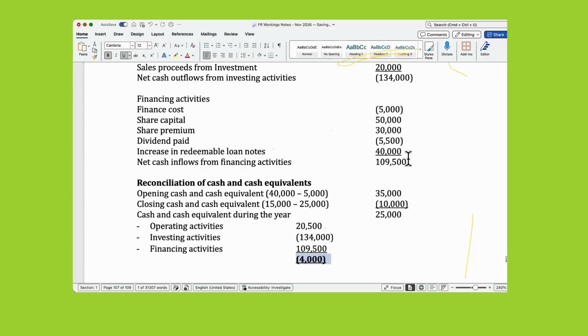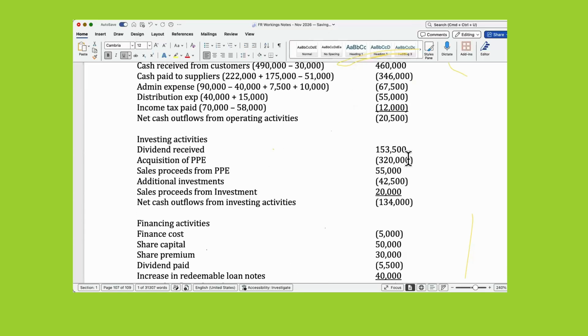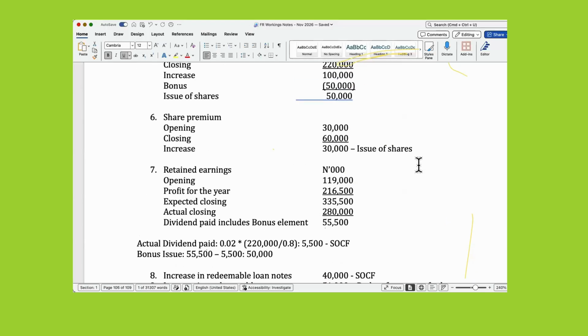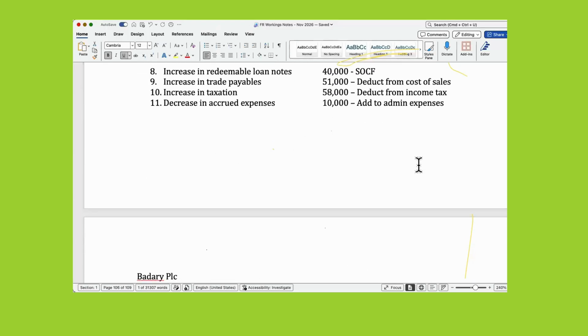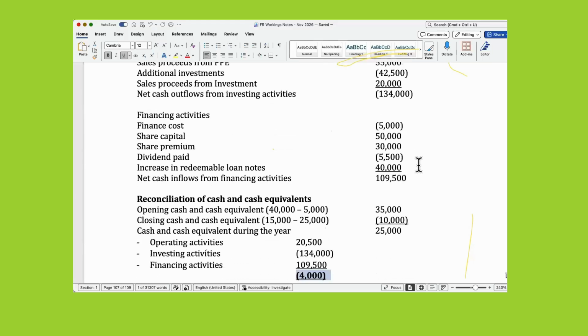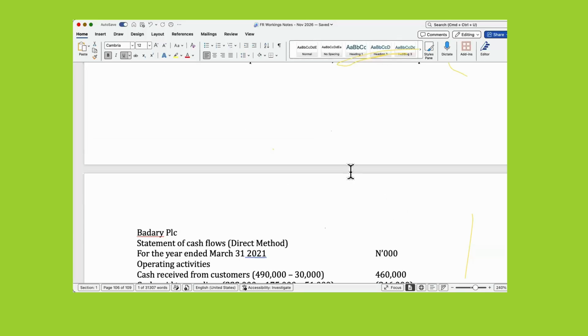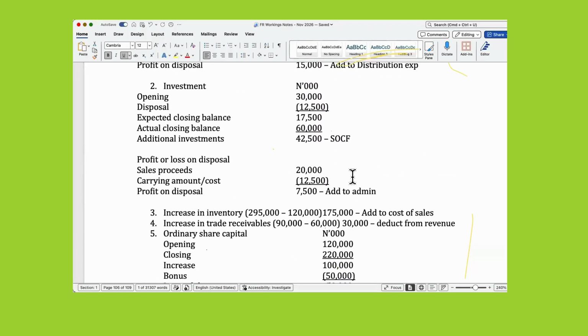So somebody must have given us a wrong cumulation somewhere. So when you guys are doing your revision, I'm sure you should be able to add it yourself and see where the addition error came from. Definitely not from the methodology that we have used.